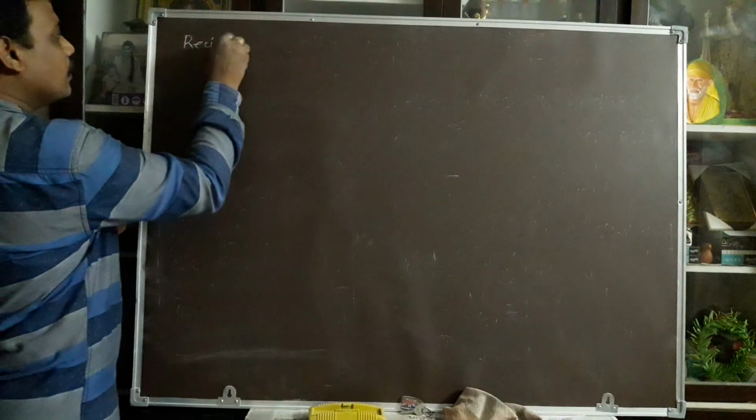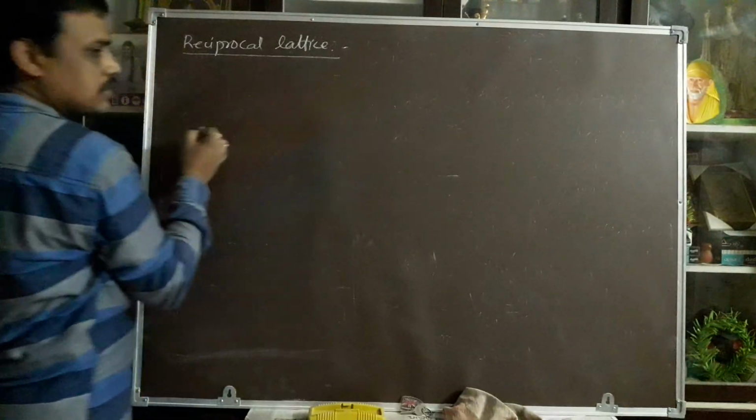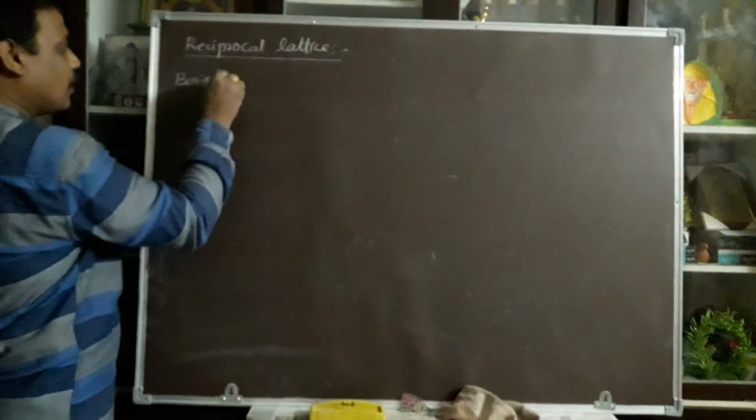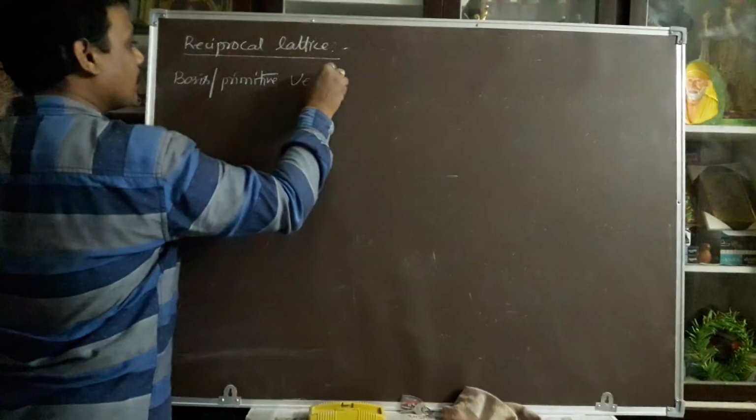According to the reciprocal lattice, you can deduce the reciprocal lattice basis or primitive vectors. What are the basis and primitive vectors?